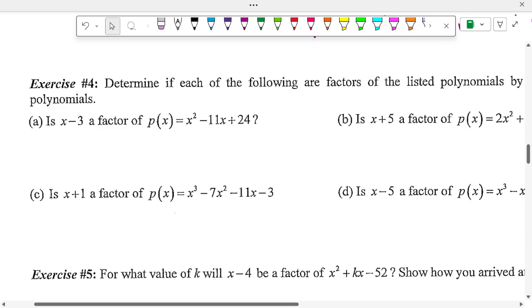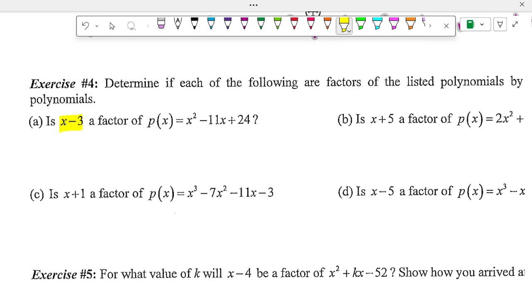We're going to use the remainder theorem because that's the easiest way to do it. Less work. Sometimes the shortest way is the smarter way. Sometimes it's not, but in this case it is. So we're going to say whether x minus 3 is a factor of p of x equals x squared minus 11x plus 24. So first off, what is my root, Ryan?